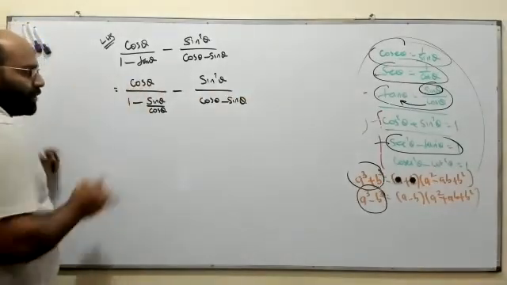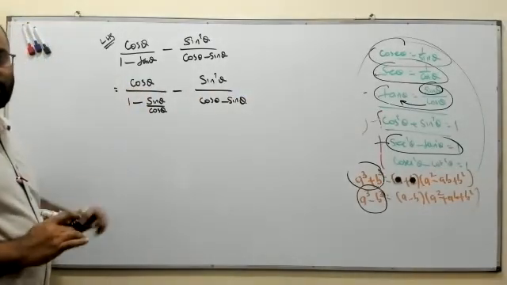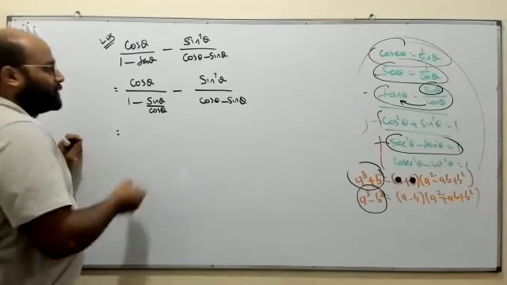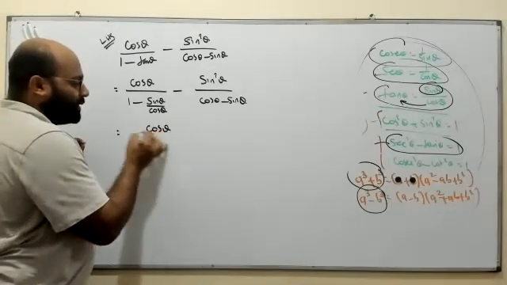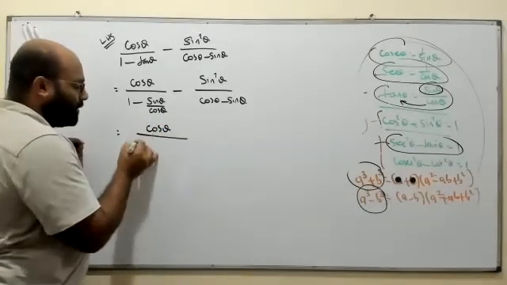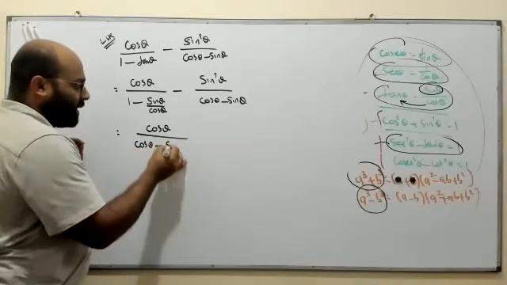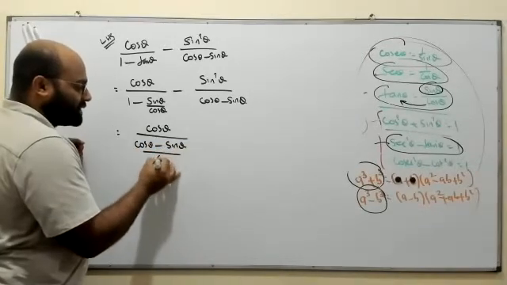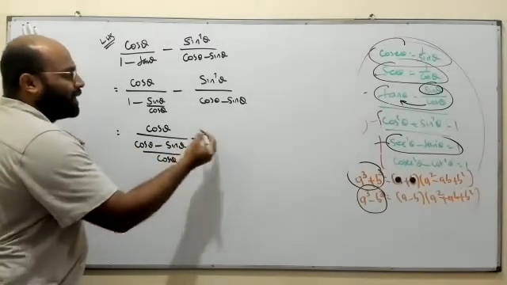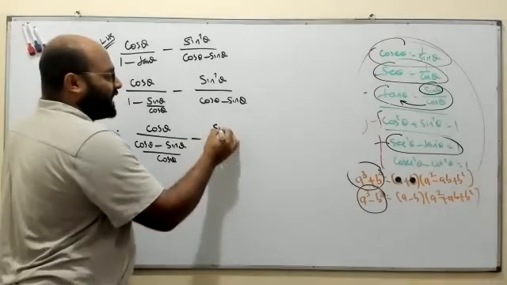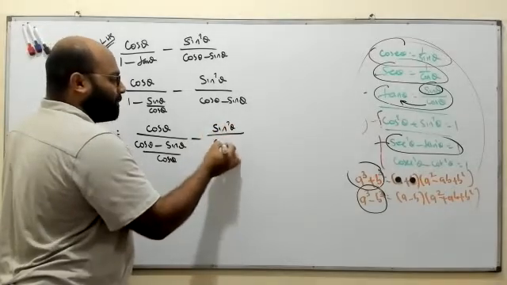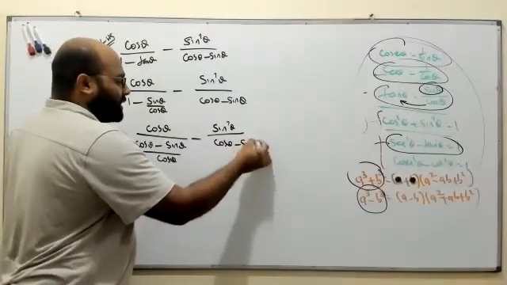Just observe what I'm doing. Very simple thing. So cos theta by the denominator LCM: cos theta minus sine theta by cos theta, minus sine square theta divided by cos theta minus sine theta.